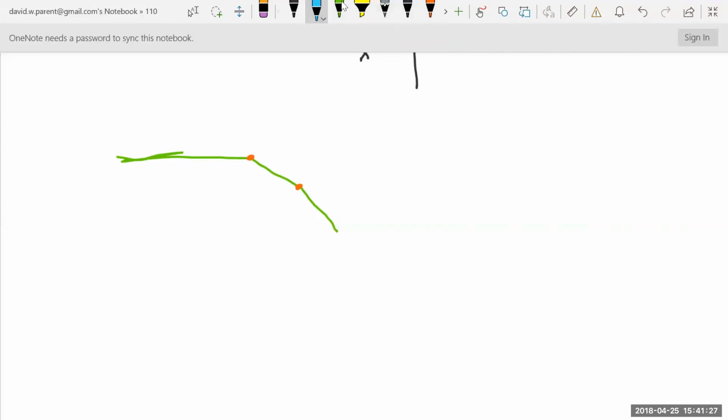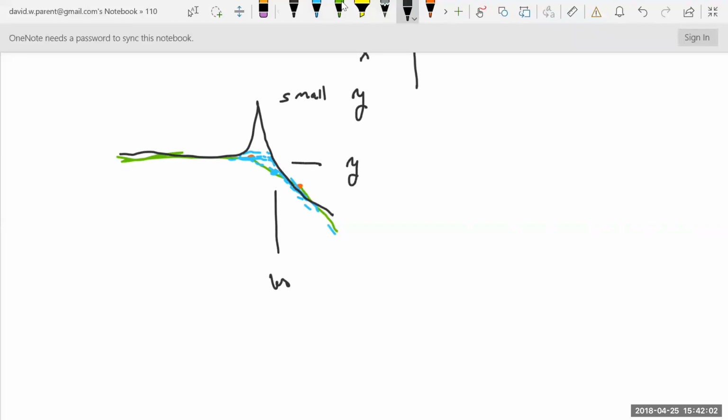Then if I had kind of 1 breakpoint, it would kind of do this. And then if I had a complex one, it would come here, and this would be small. Zeta equals 1.